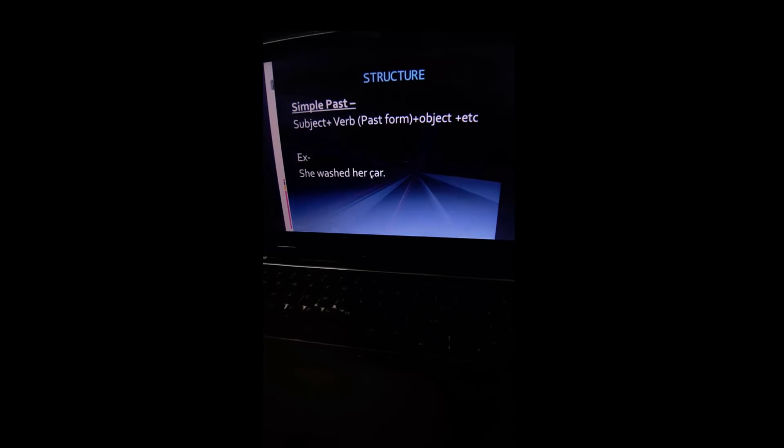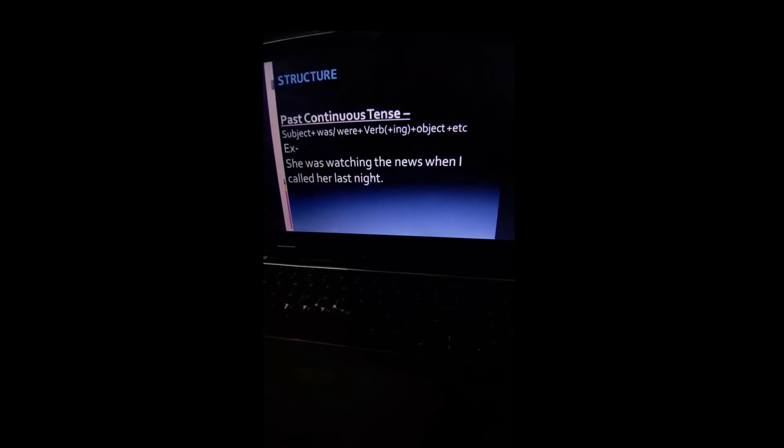Next, moving on to past continuous tense. Past continuous tense refers to an action that was going on for a certain period of time in the past. It was going on, it was in continuous tense, right? So the structure of past continuous tense is subject plus was or were, our auxiliary to be verb, plus the main verb.